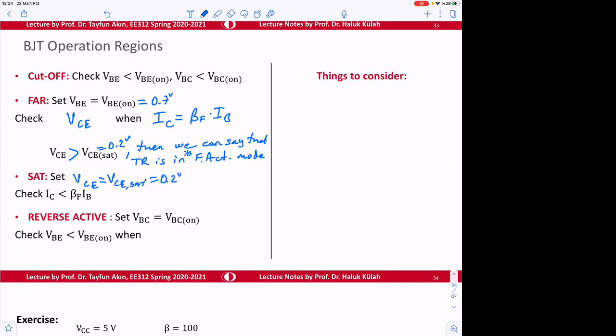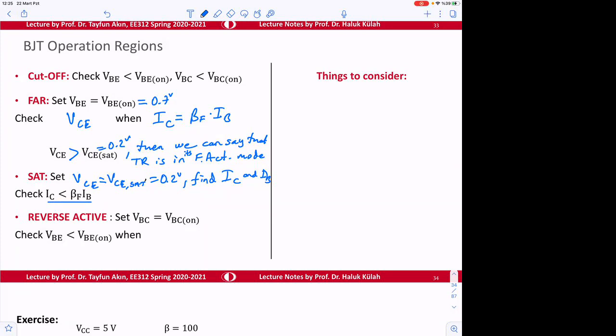And then we will be finding IC and IB, and then check if IC is less than beta F times IB.